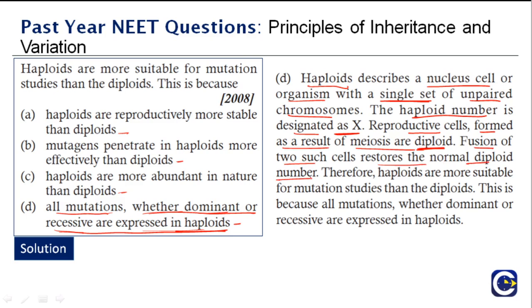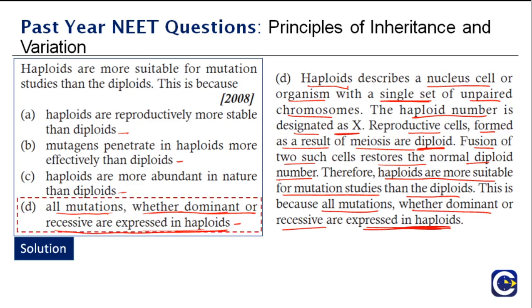For example, in humans, the gametes, sperm and ovum, are haploid, and when they fuse together, the normal diploid number is maintained. Therefore, haploids are more suitable for mutation studies than diploids, because all mutations, whether dominant or recessive, will be expressed in haploids, since there is no dominant allele to mask the recessive one. So the right answer is D.